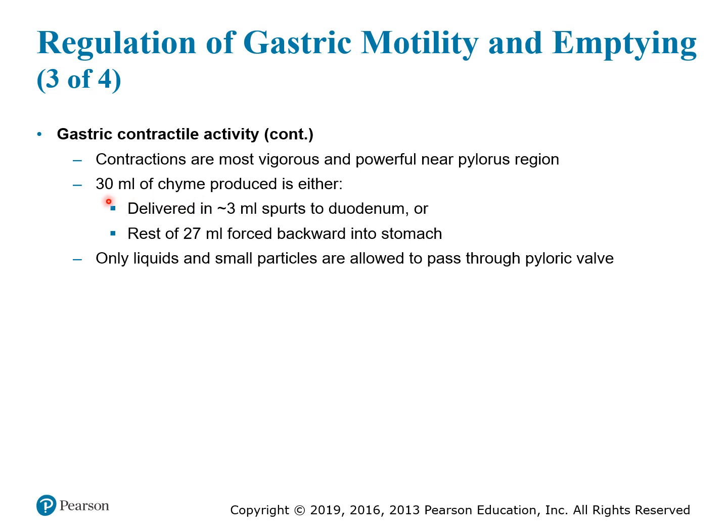So the 30 ml of chyme which is produced is delivered in 3 ml spurts to the duodenum. Very little of the spurt goes into the duodenum, and the rest of the chyme is pushed back. This also helps in the mixing of the food. Only liquids and small particles are allowed to pass through the pyloric valve into the duodenum.